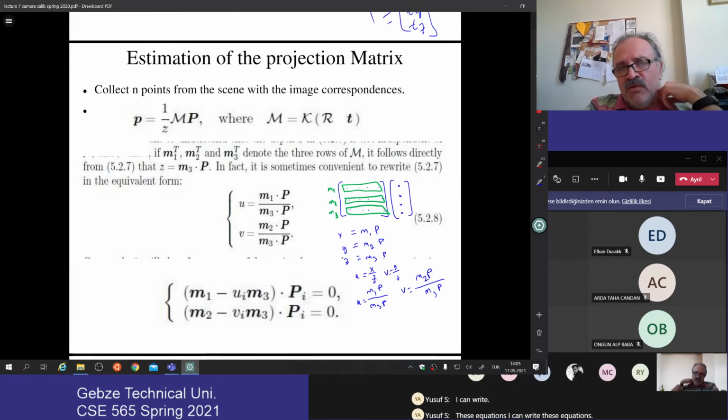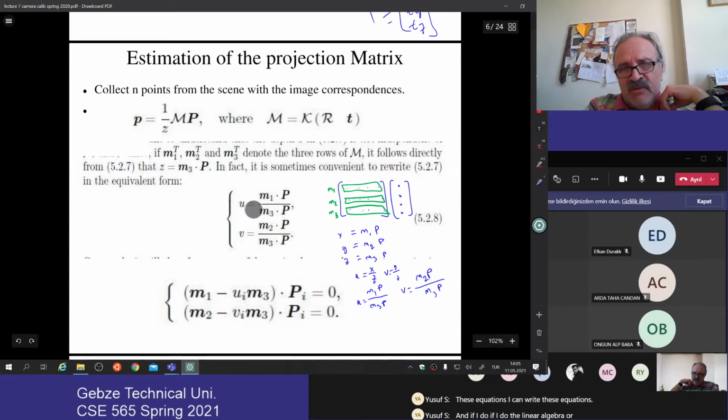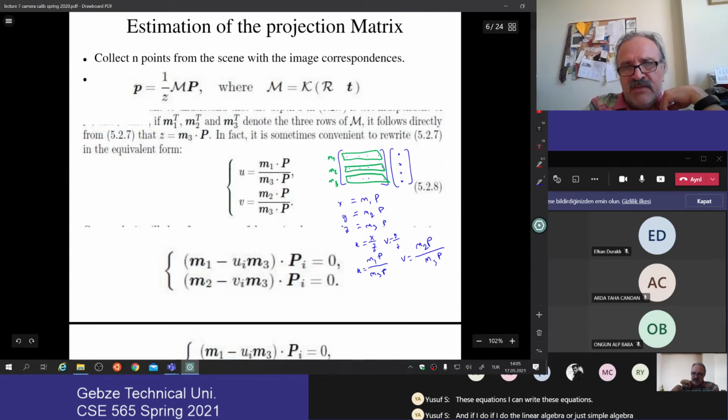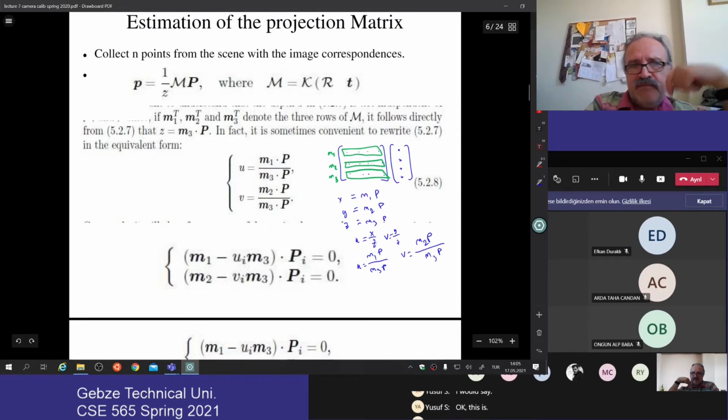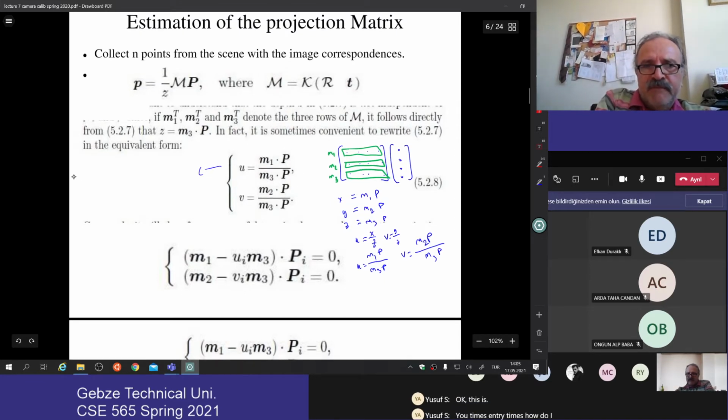And if I do simple algebra, this is what I would get. U times M3 times P is equal to M1P.